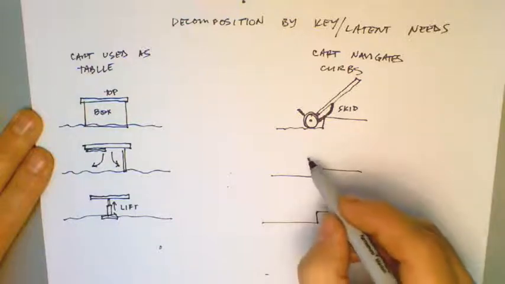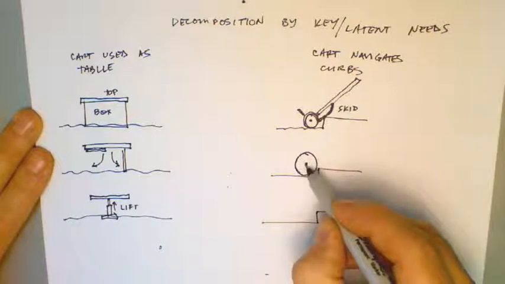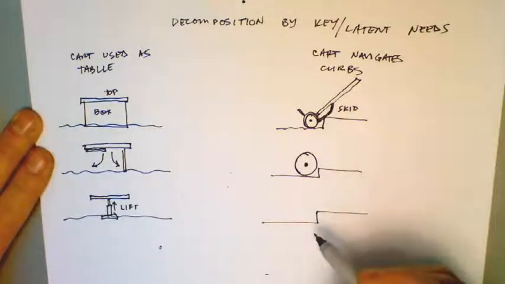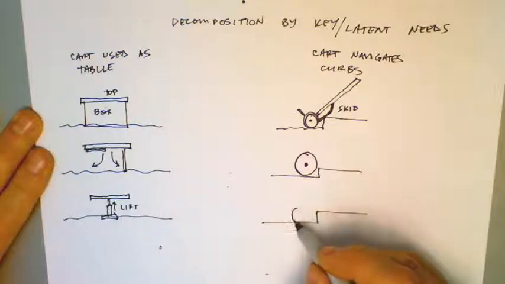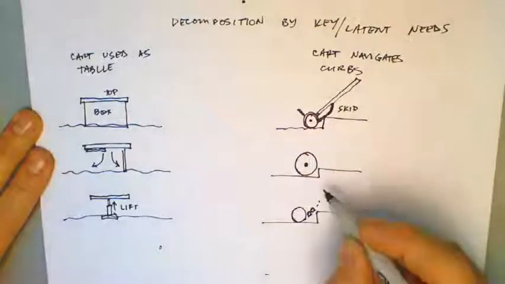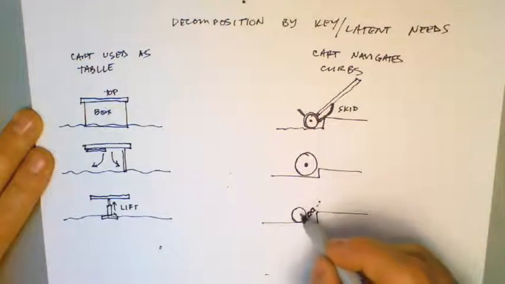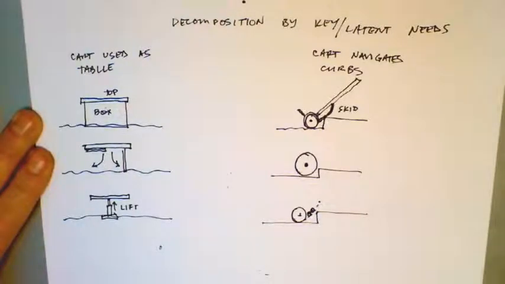And how else might you navigate a curb? Well, you might have a really big wheel. That would be a nice way to do it. Or, I don't know, it might be interesting to think about a smaller wheel, but then one or more very small wheels that give the effect of having a very large wheel, because there's a couple of rollers there that allow the curb to be navigated.